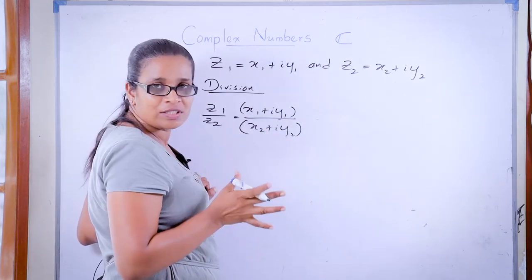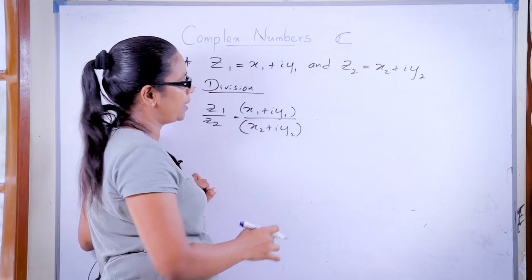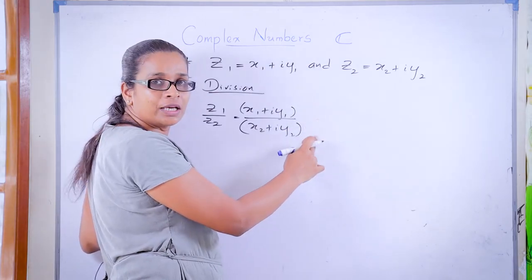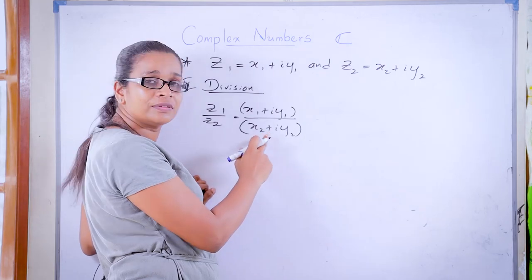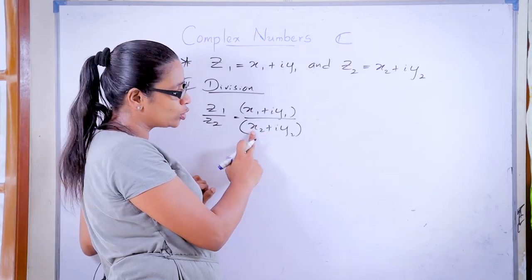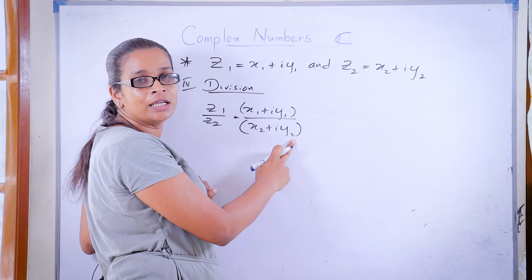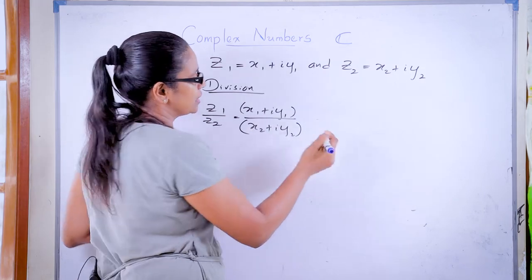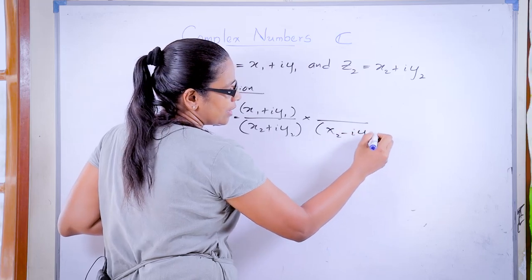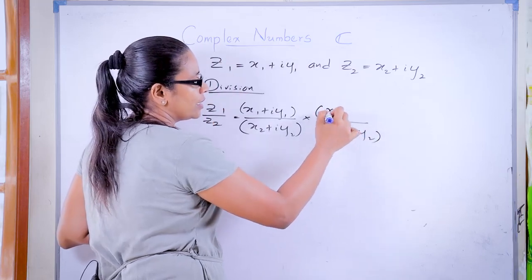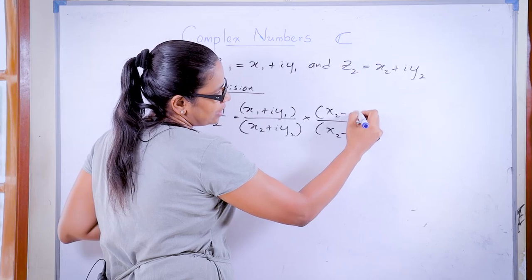In the division, we are going to multiply both numerator and denominator by the conjugate of the denominator. What is the conjugate of the denominator? It should be x2 minus iy2. So, going to multiply this one by x2 minus iy2, numerator and denominator.